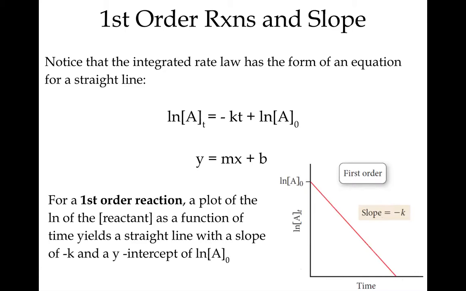Okay, hopefully that makes sense. Essentially, we are superimposing these two equations as we plot a first order reaction. And you should get a straight line. If you don't, something went wrong.